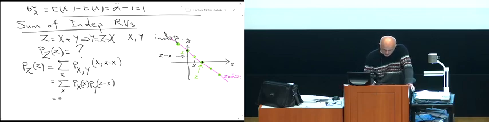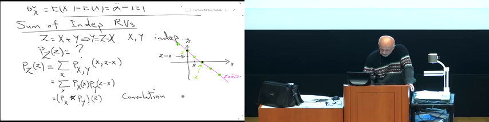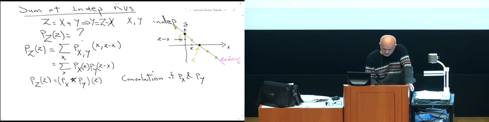If you ever take a course in signal processing, you will immediately recognize this as what they call the convolution of these two functions, px and py. This is the convolution. You don't need to worry about the name here, but this is how it's defined.